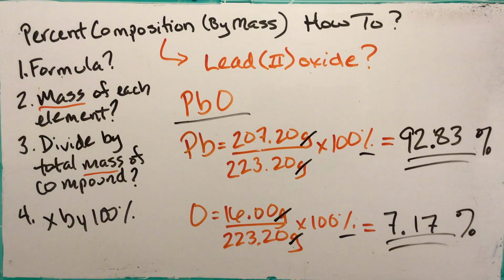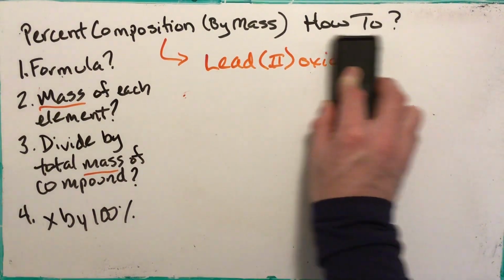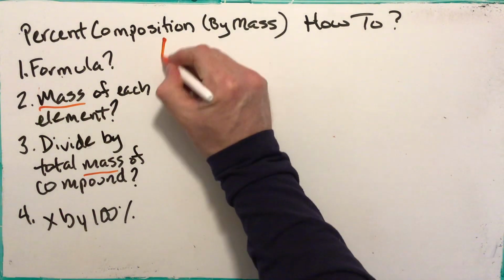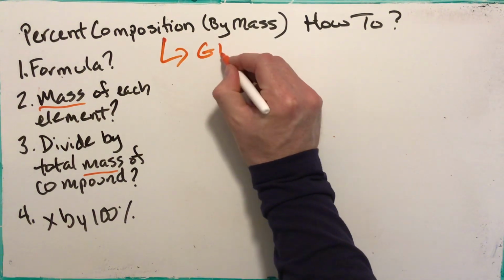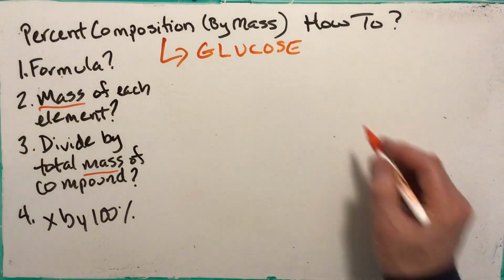All right. So I'm going to erase this and we'll do another one. Our next compound is going to be, let's do glucose. All right, so we're going to do the percent composition of glucose, the fundamental fuel of all living things.